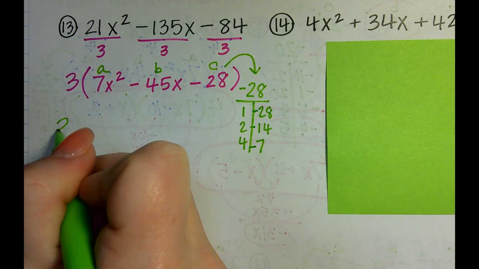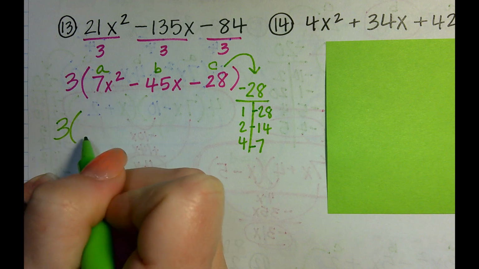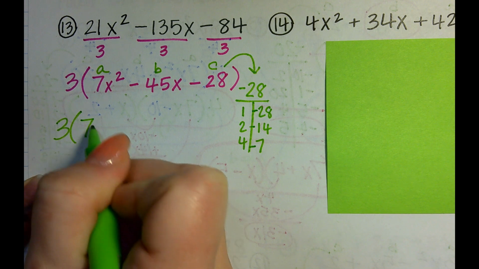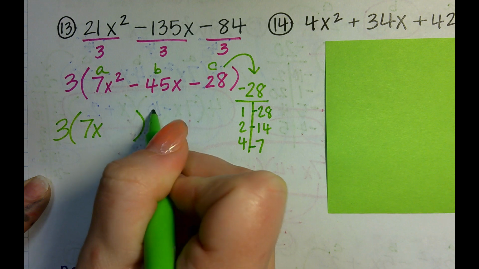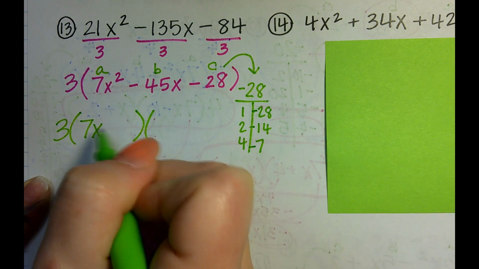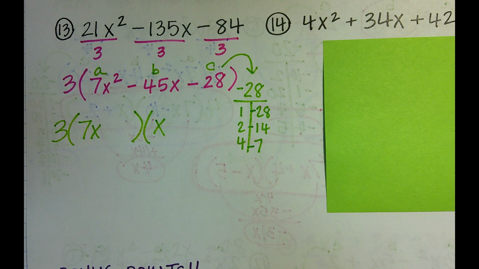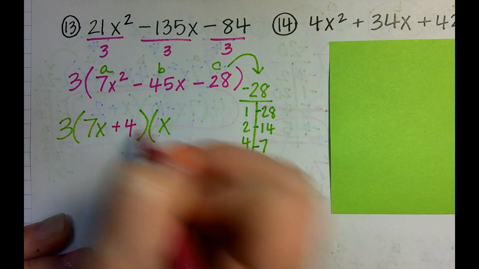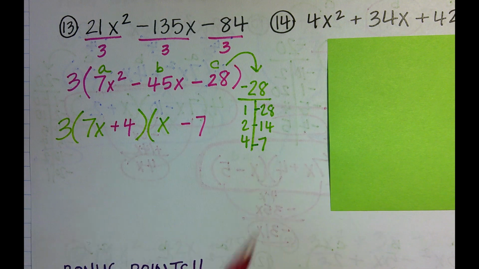So we got 3 on the outside still. 7x. Good. 7x. And then we're going to do the plus 4. So let's try that. Okay, so we got 7x and x. We're going to try the plus 4 and the minus 7 first.